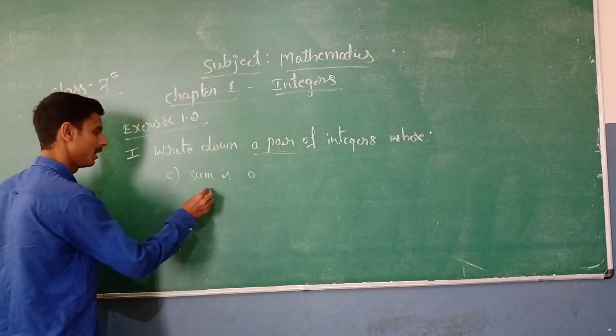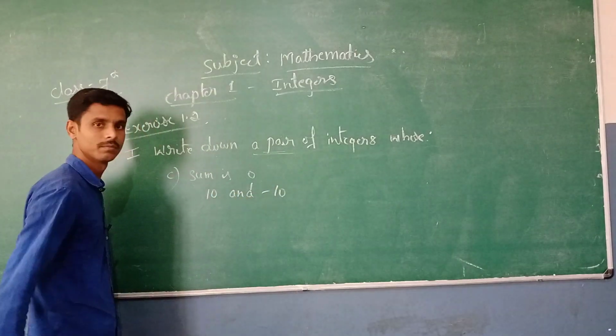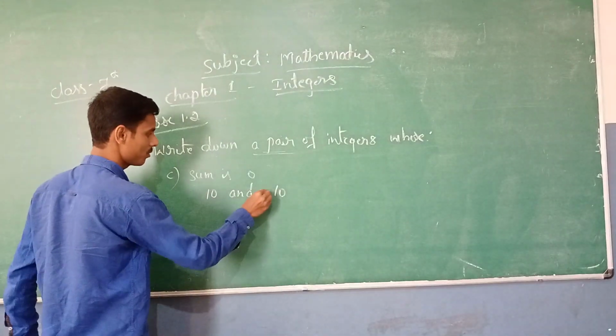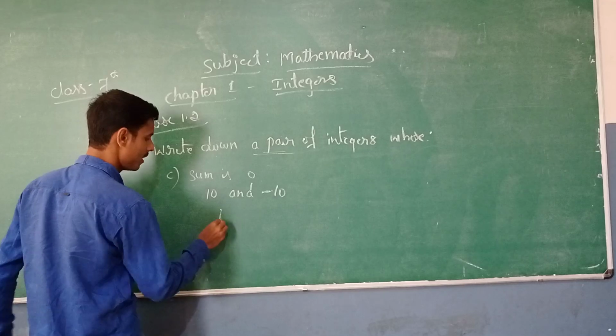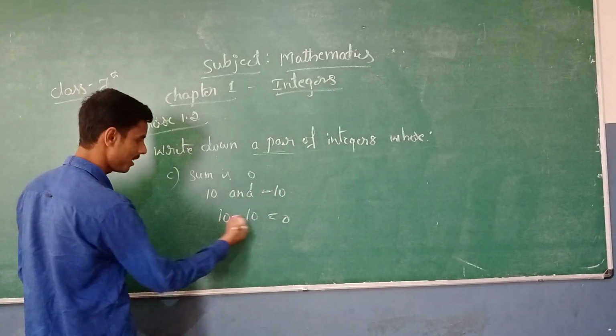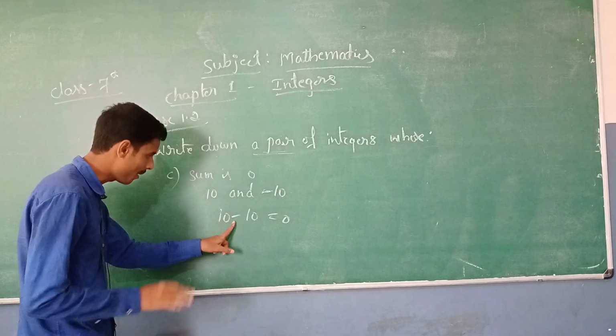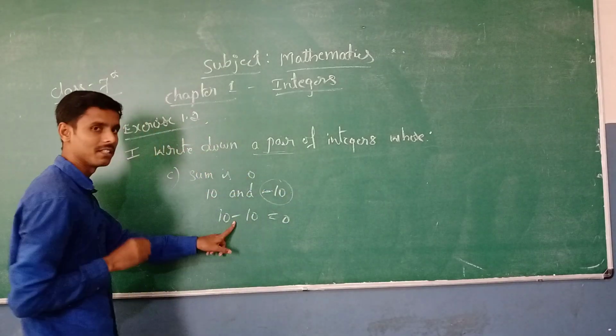So for 10 and minus 10 also we can write the same numbers, but we will put the opposite sign. So 10 minus 10 is 0. This is not an operation sign, this is the integer sign.